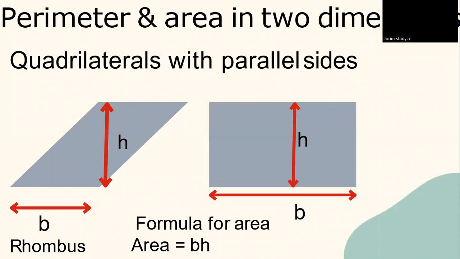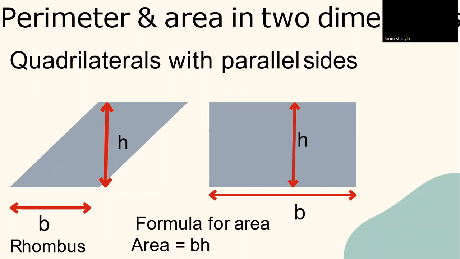Let's look into two-dimensional shapes. First of all are quadrilaterals with parallel sides, like rhombus, rectangles, and parallelograms. These shapes carry the same formula.